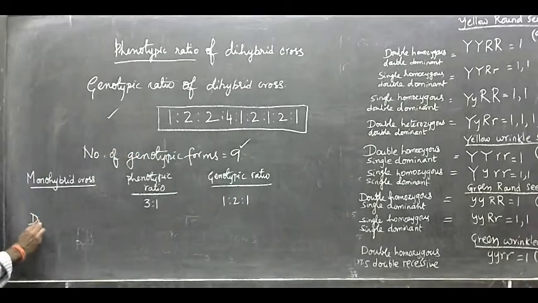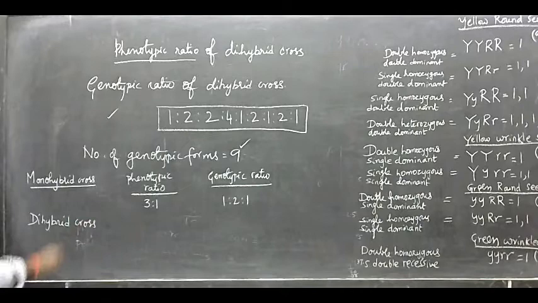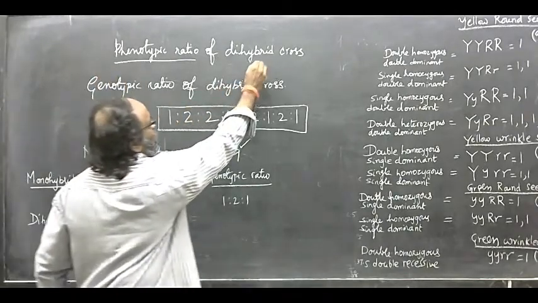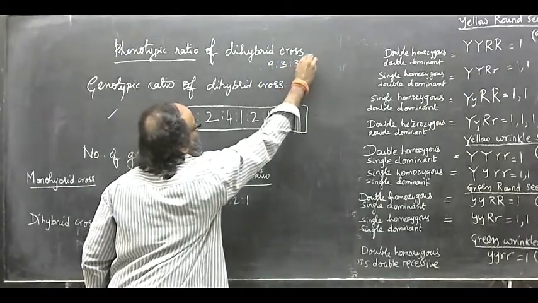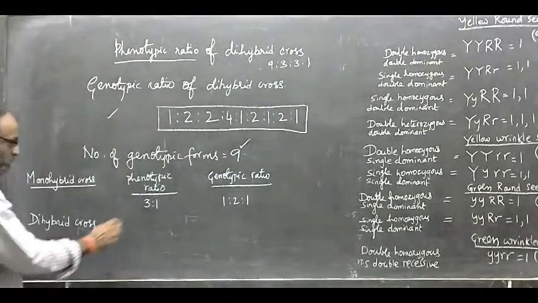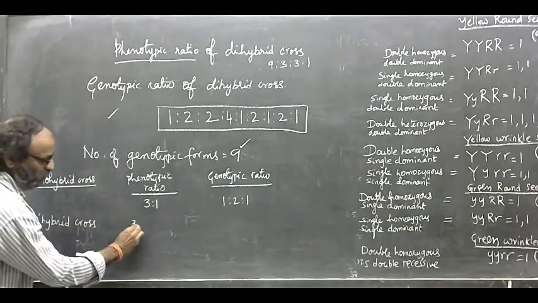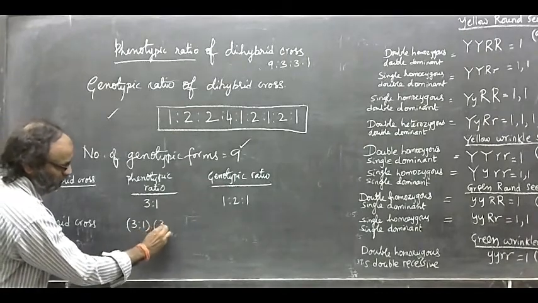Now, dihybrid cross phenotypic ratio. You know that the dihybrid cross phenotypic ratio is 9:3:3:1. And let me check up. The dihybrid cross is 3:1 into 3:1.